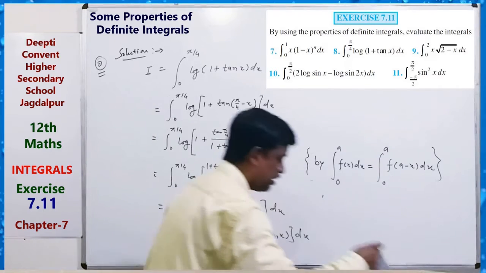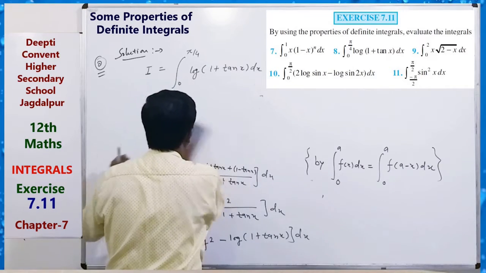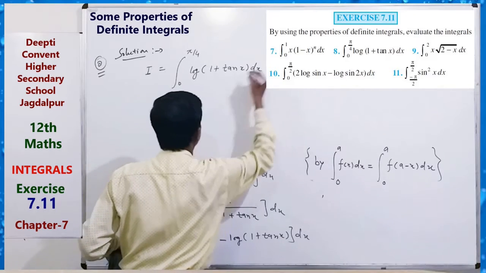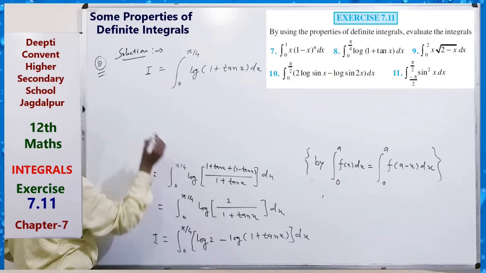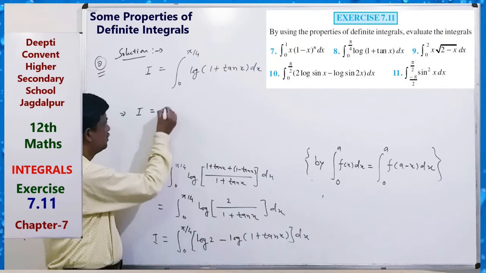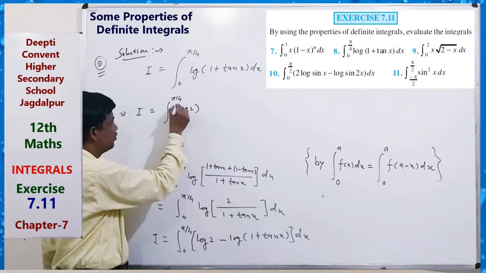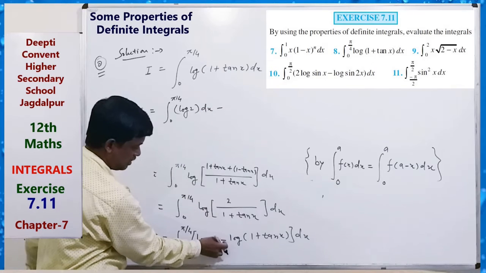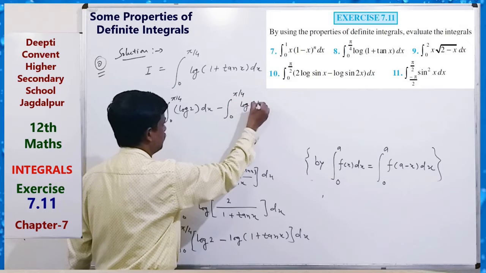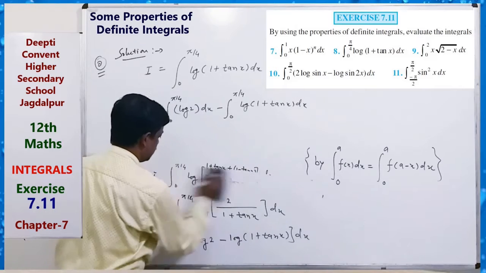So here we get I, the given I. After this line, I equals the first integral, the integral from 0 to pi by 4 of log 2 dx, minus the integral from 0 to pi by 4 of log of (1 plus tan x) dx. We are getting it like this.